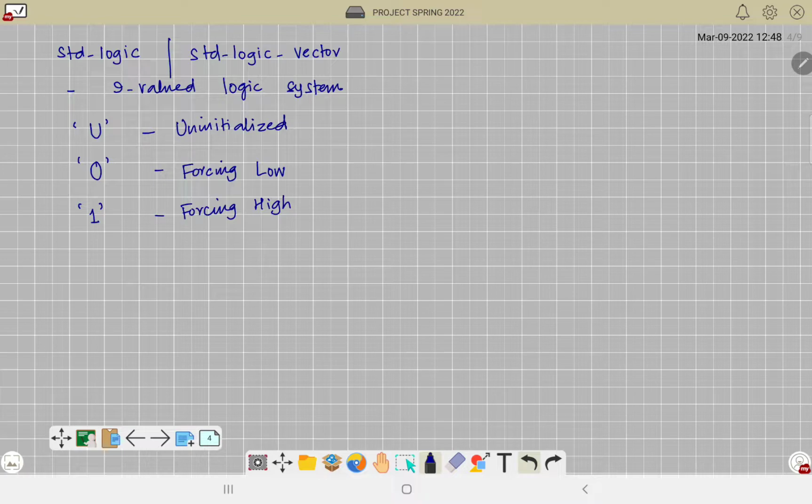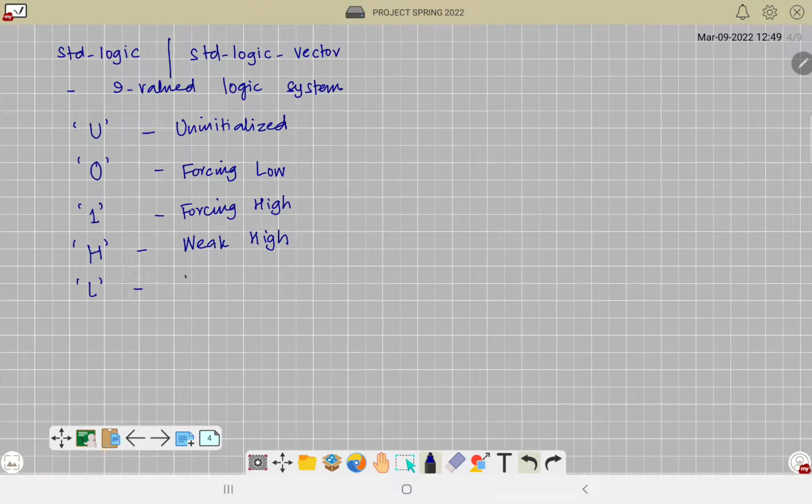It can take a value of H, that is equivalent to 1, but it is a weak high. So you may consider अगर आपका value 1 है तो it is exactly 5 volts if you are using a 5 volt system. If it is weak high, it may not be exactly 5, it may be 4.1, 4.2, kind of on that logic. उस हिसाब से ये चीज़ें होती है.